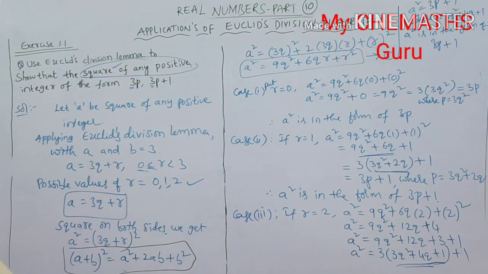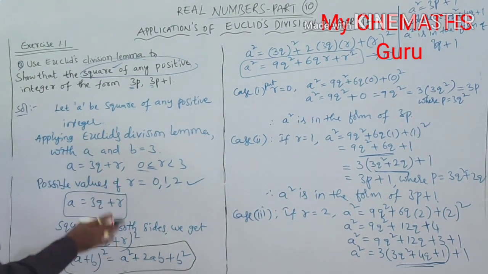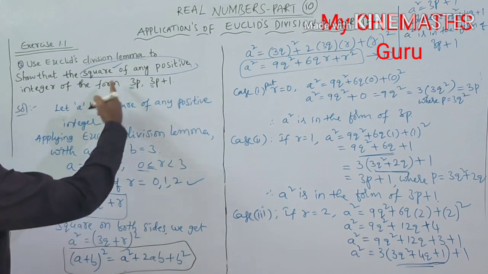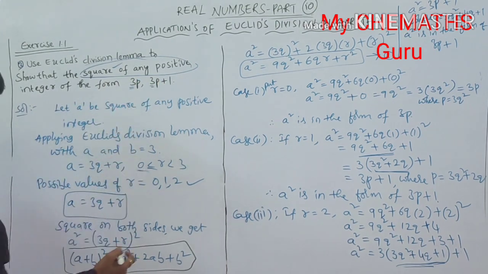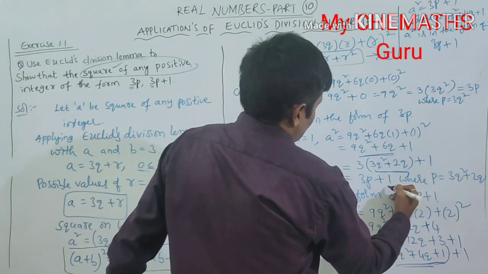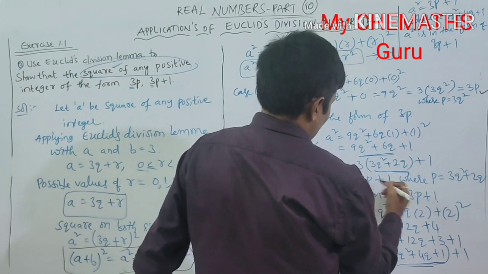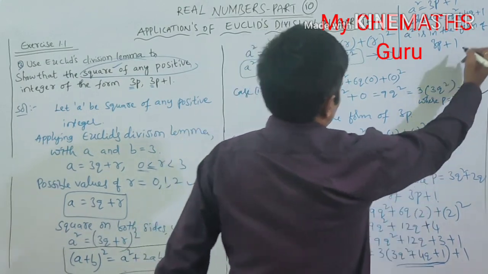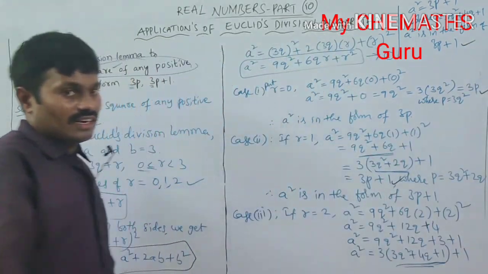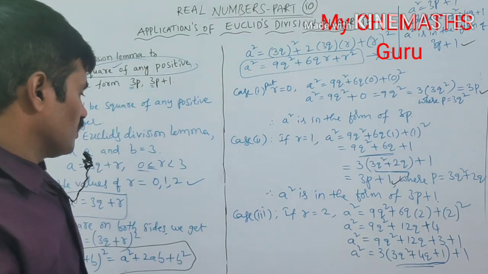So what can you write as the conclusion? From the above cases we observed that the square of any positive integer is of the form either 3p or 3p + 1. So write like that and conclude "hence showed", and then you will get full marks.